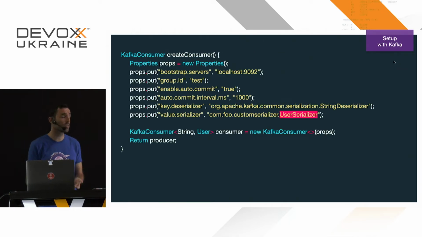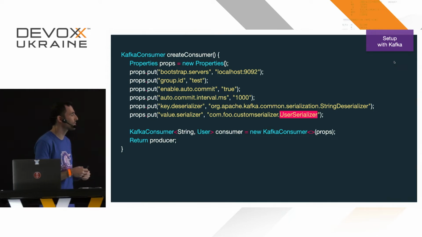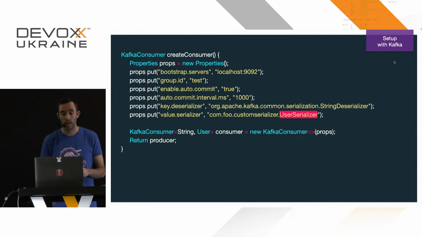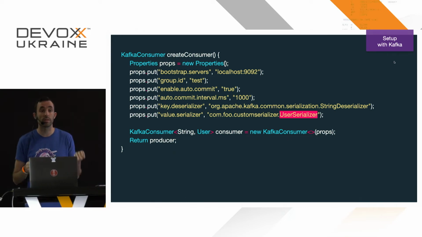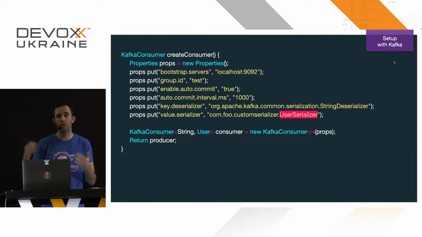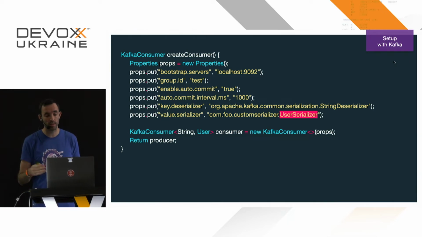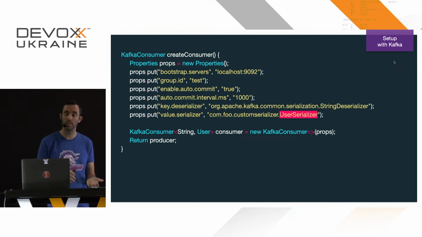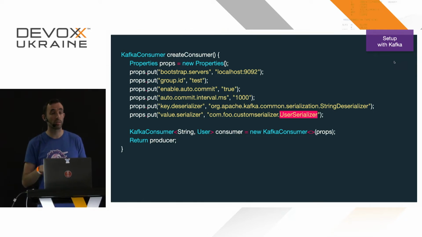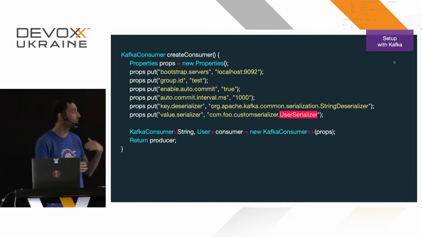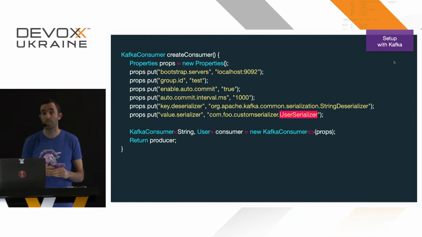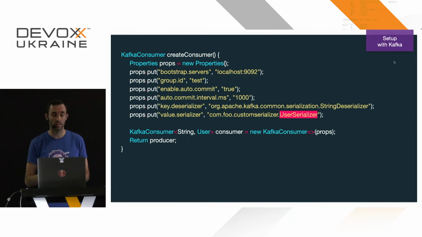Now, it's the same story with the Kafka Consumer. It also has to specify a lot of properties. And one interesting one is about serialization. So you can decide that you're only going to work with strings, and then you specify a string serializer, or you decide that you want to work with higher level types. So then you're going to have to create your own custom type serializers and deserializers.